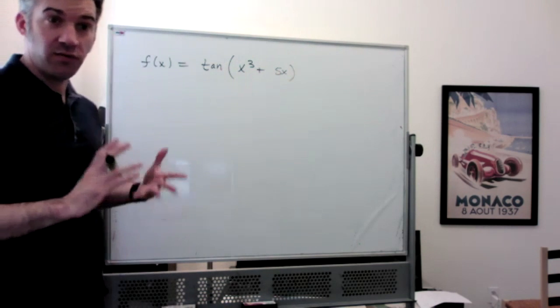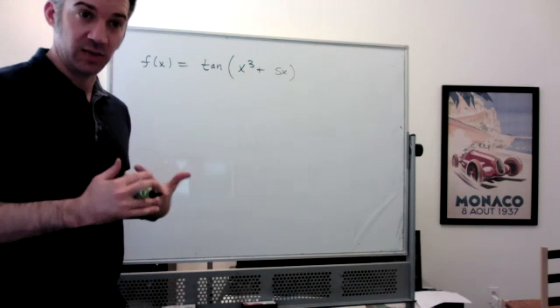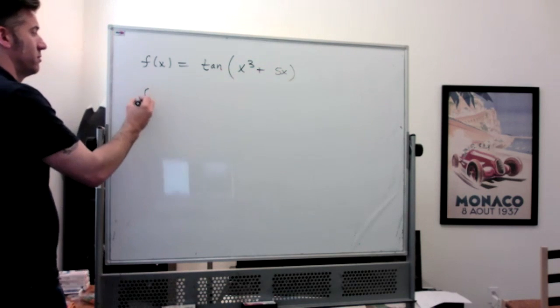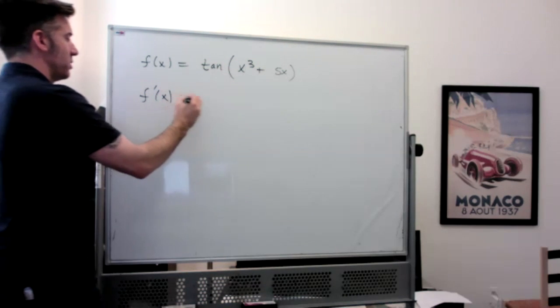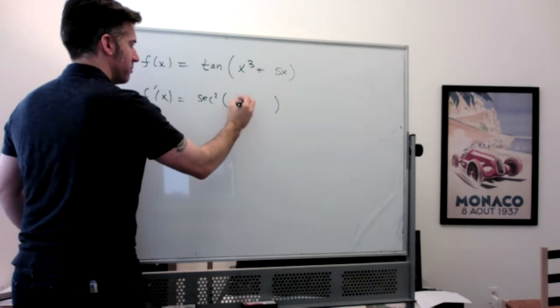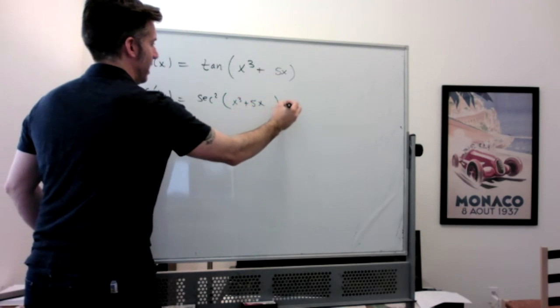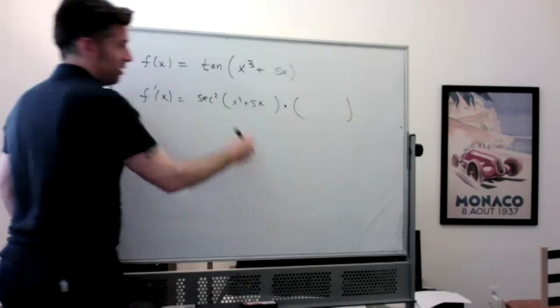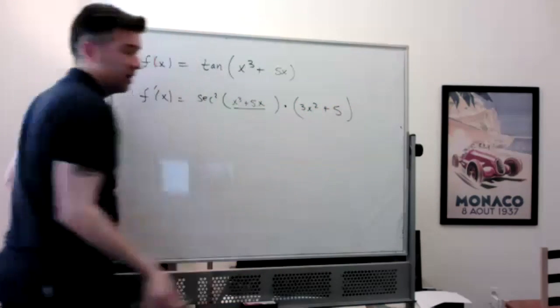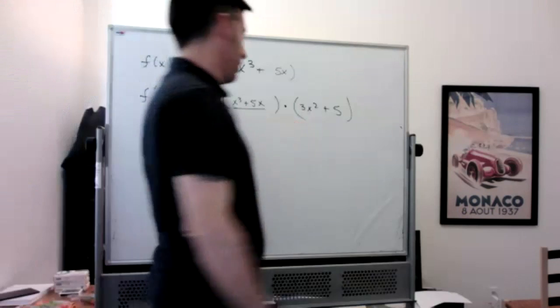So I know the derivative of tangent of x is secant squared of x. So the derivative of tangent of some stuff is going to be secant squared of the stuff times the derivative of that stuff, which is 3x squared plus 5. You really do need those parentheses over there.